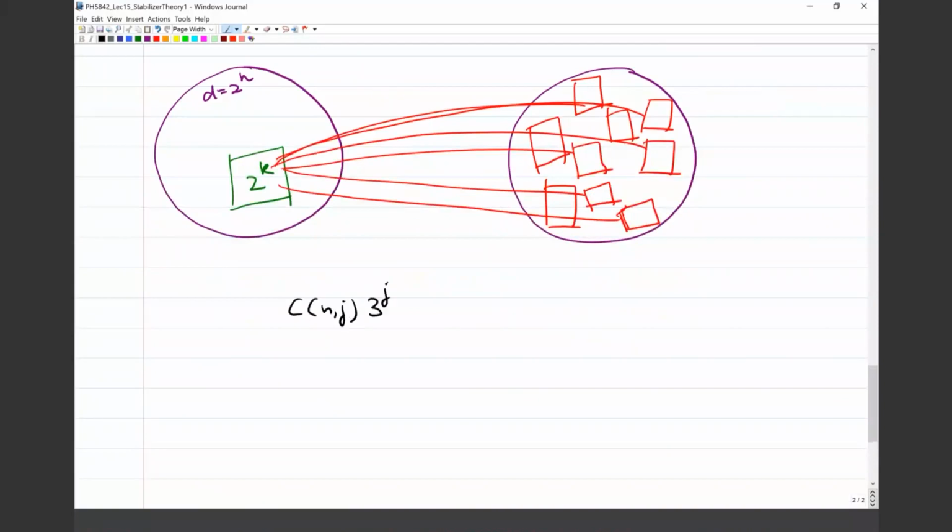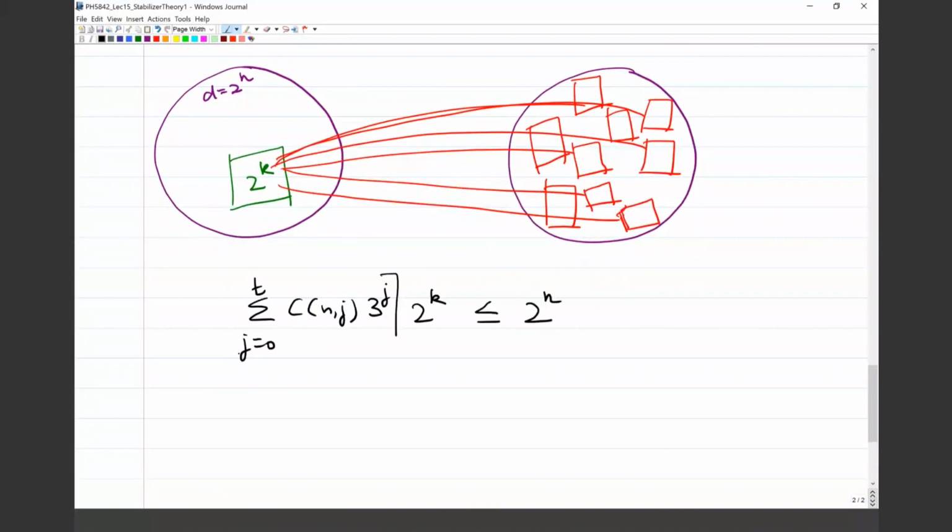There are 3 to the j possible errors on j qubits, and then you sum over all j from 0 to t. This times 2 to the k should be smaller than or equal to 2 to the n, right?